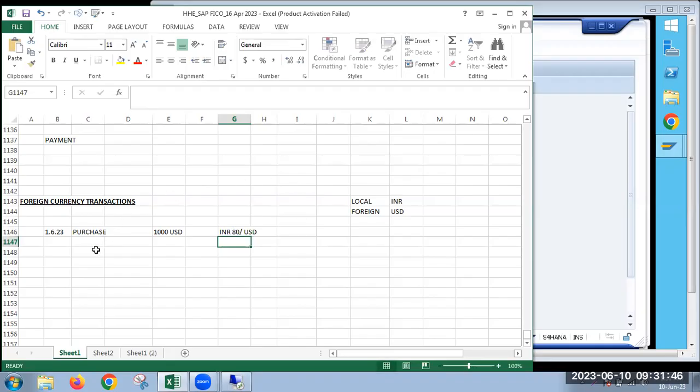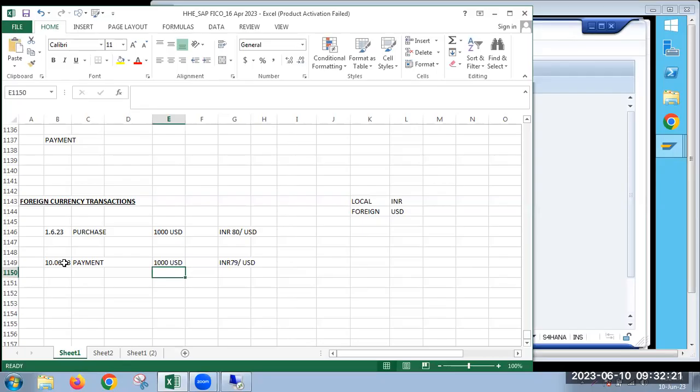Again, on a different date, maybe today's date, we make the payment to the vendor. Think about the full payment we are making. So $1,000 we have to pay. Let the rate be 79 today. So today we made the transaction at the rate of 79 per dollar.